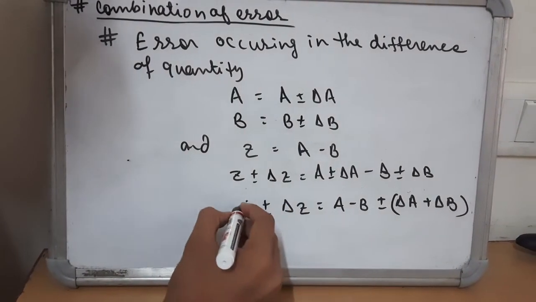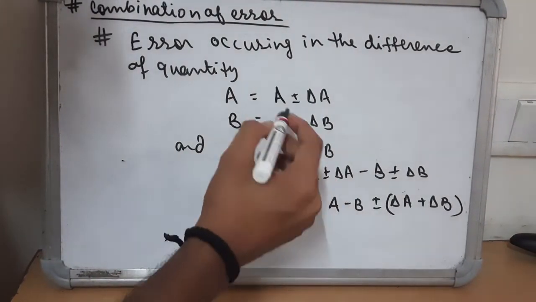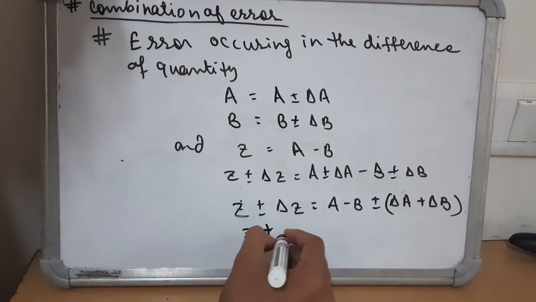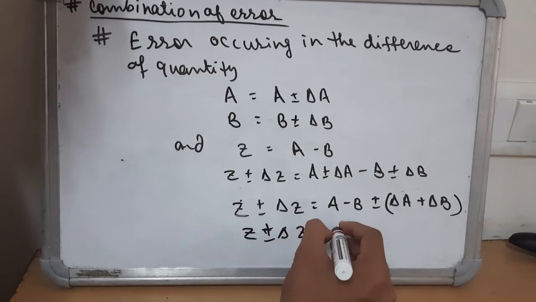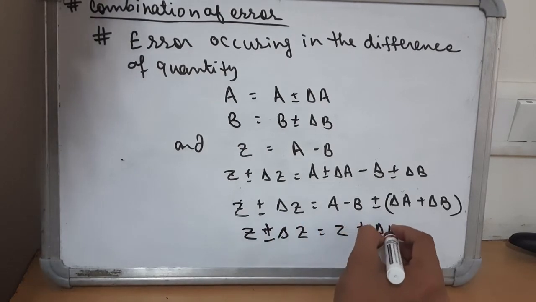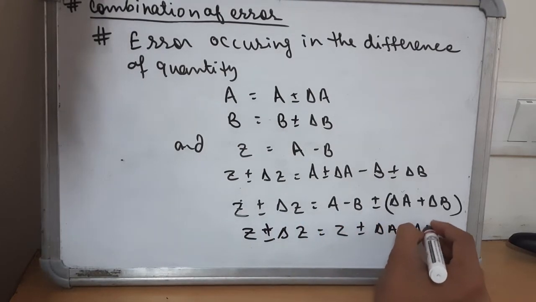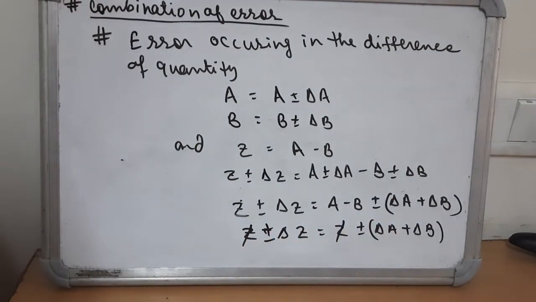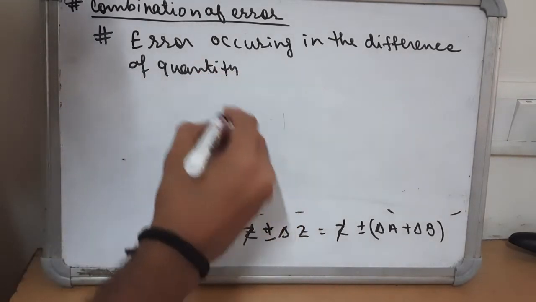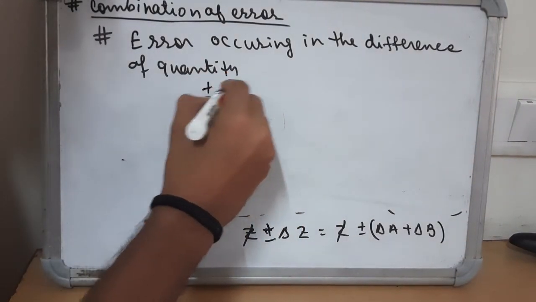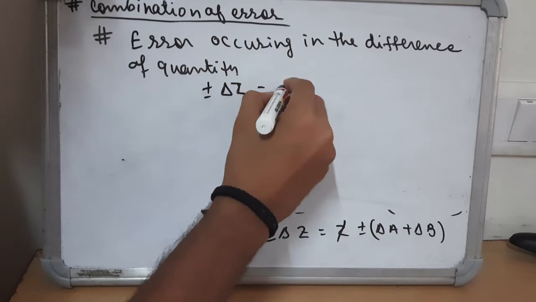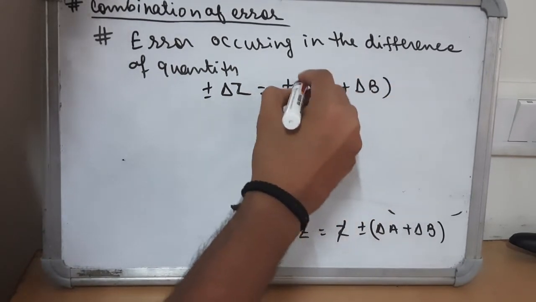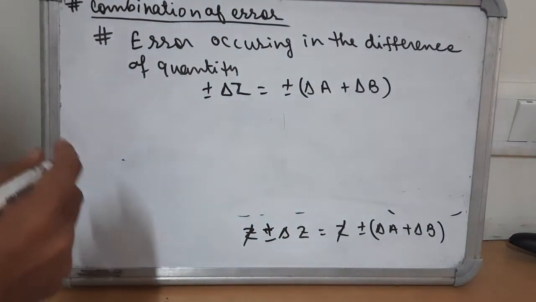So this A minus B is equal to Z as we have considered earlier. So this Z plus minus delta Z can be written as Z plus minus delta A plus delta B, and this Z will be cancelled out by this Z, and we are left with plus minus delta Z equals plus minus delta A plus delta B. So here comes the conclusion.